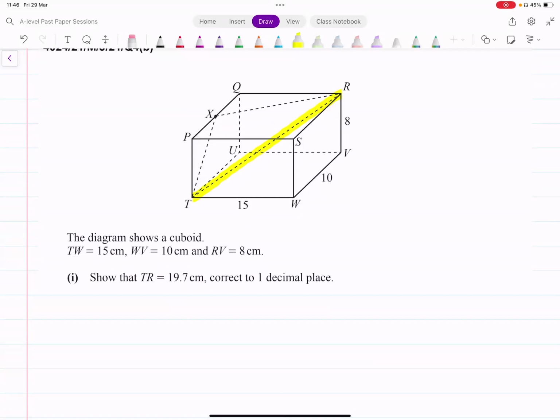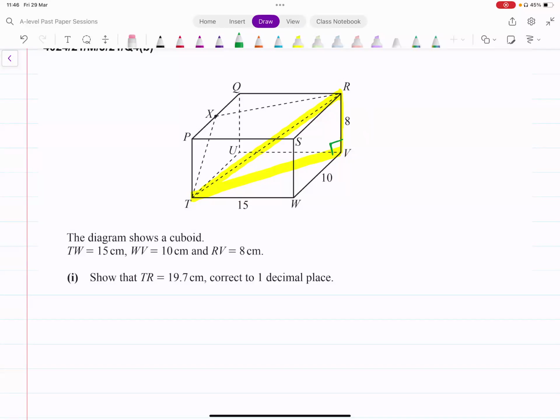Okay. Now, how can you find the length of TR? What right angle triangle can we use? We could make a right angle triangle like this, RVT. Right? Now, since RV is vertical, this angle is going to be 90 degrees.